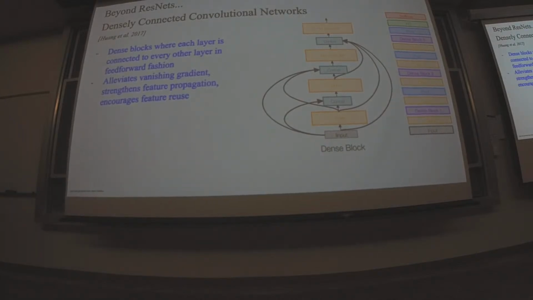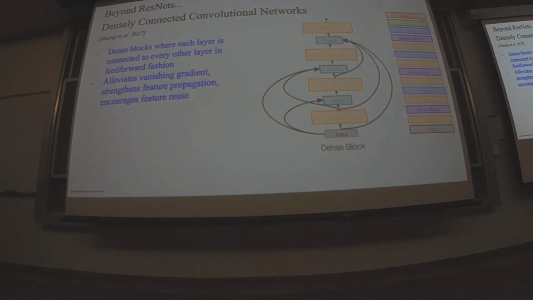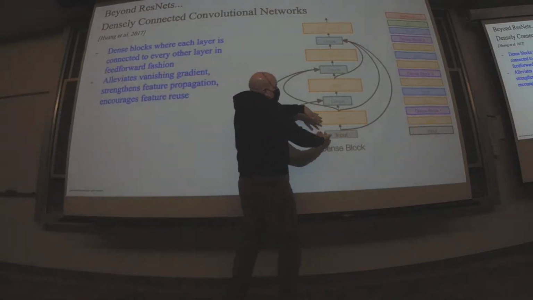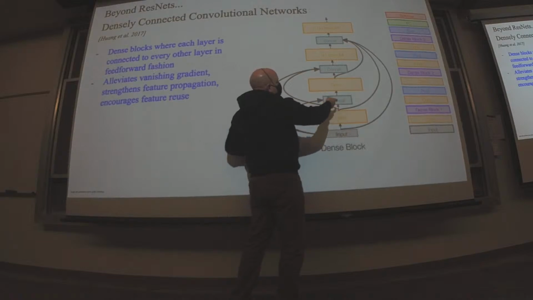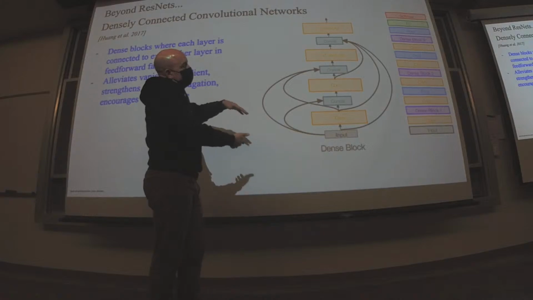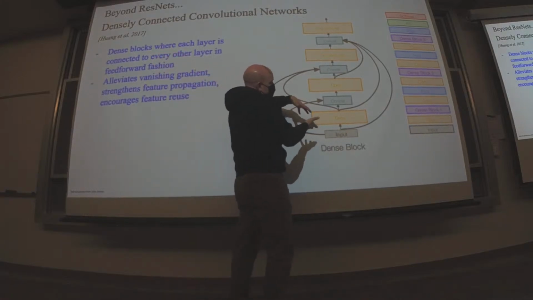And these things are extremely powerful. These networks are extremely expressive at the same depth as ResNets. As you're concatenating these things, each one of these outputs is not just what happened before.